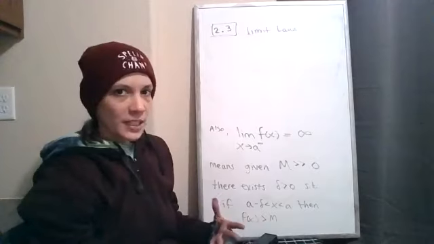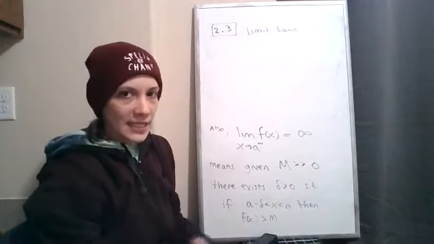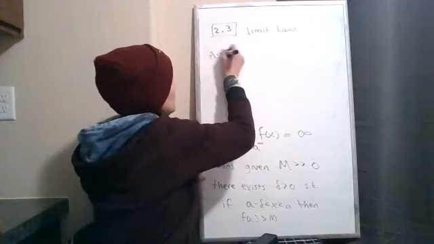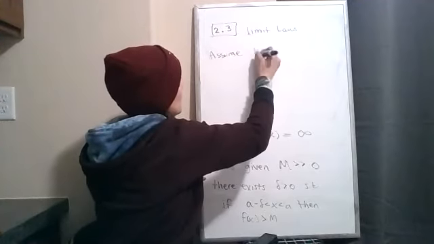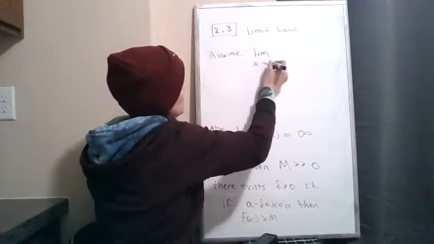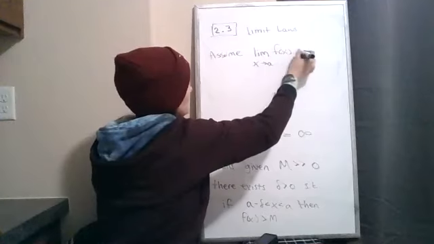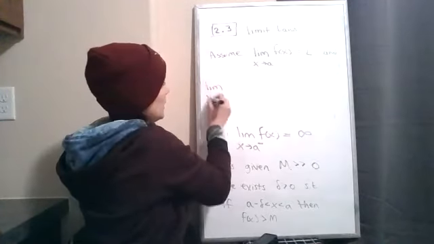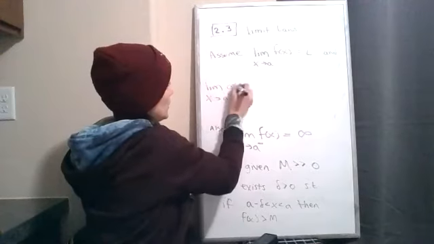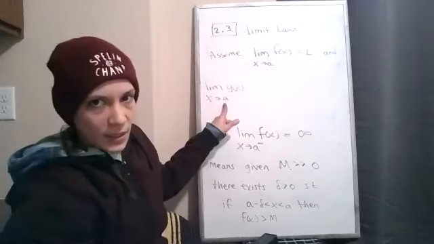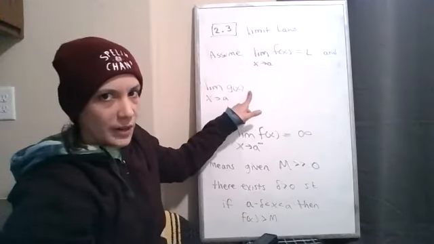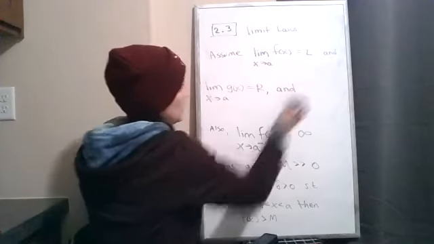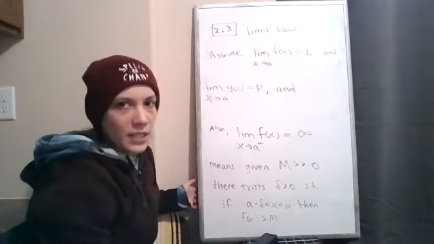Okay, we're going to assume the limit as x goes to a of f of x exists and equals L, and let the limit as x goes to a of g of x also exist. We're going to call it some number r. And c is also a number, c is a constant.